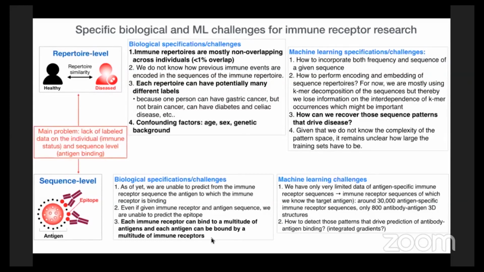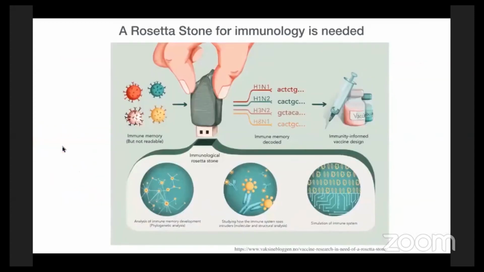But the main problem that we have so far is this lack of labeled data on the immune status level. We lack large-scale data sets on the repertoire level, and large-scale data sets on the sequence level where we know what antigen a given immune receptor sequence is binding. This is an experimental issue and a money issue.